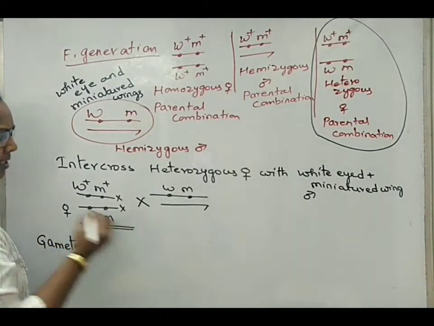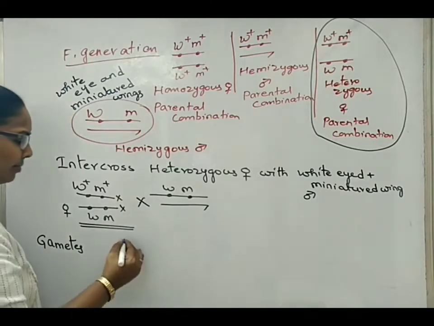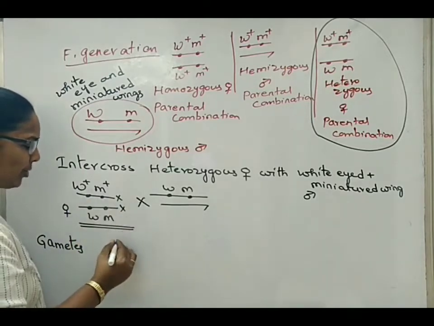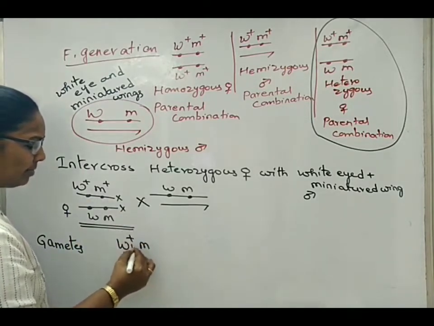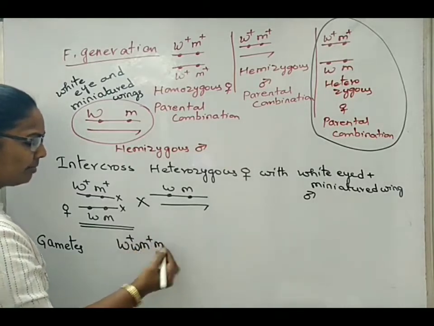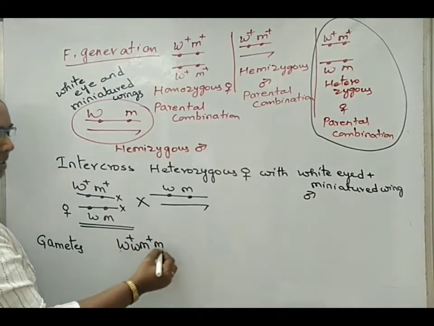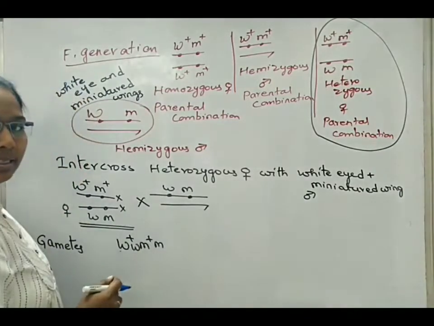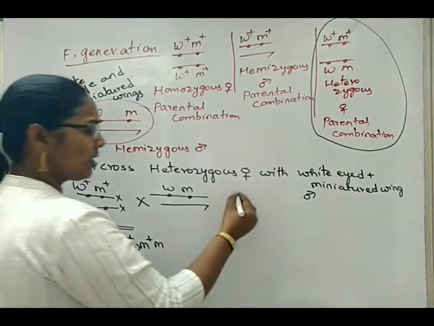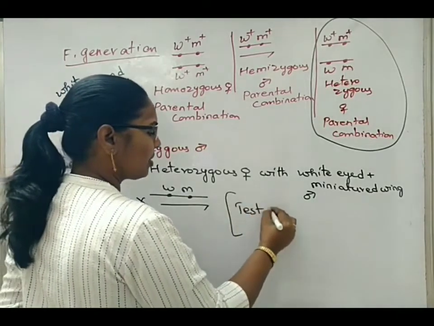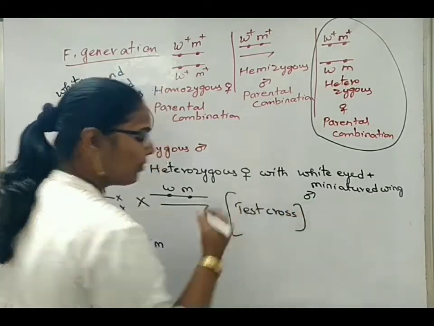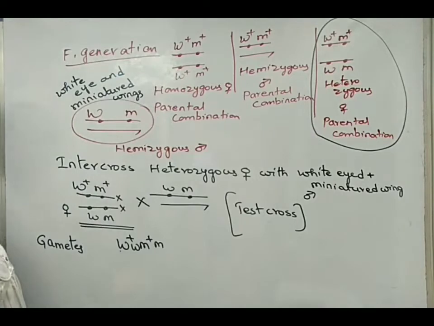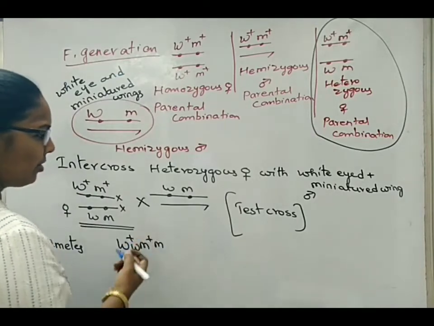This female organism can also be written as, the allele distribution can also be written as, this is indicating the dominant alleles and this is recessive. When we are crossing any type of organism with purely recessive type of alleles, then we call such type of cross as test cross. It means in the F2 generation, we are considering F2 cross.